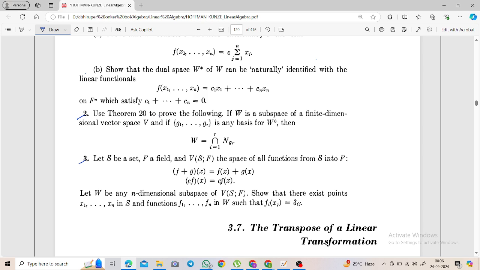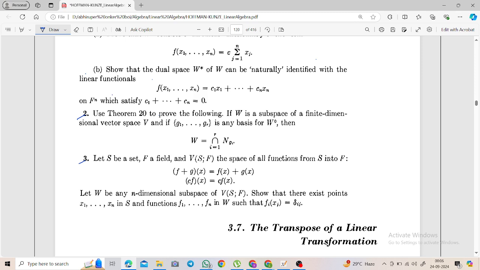Okay, they are saying that show that the dual space W star of W can be naturally identified with the linear functionals. So they are saying that, just like V in V star, W has a dual in W star.